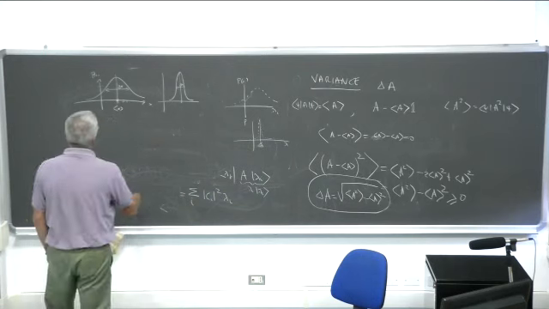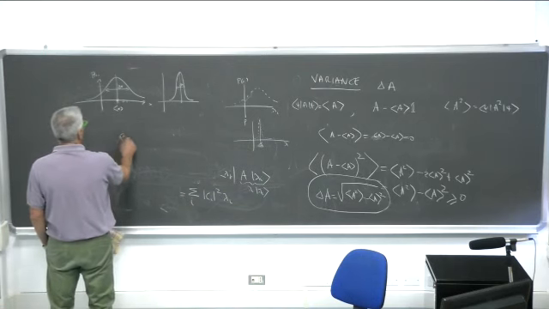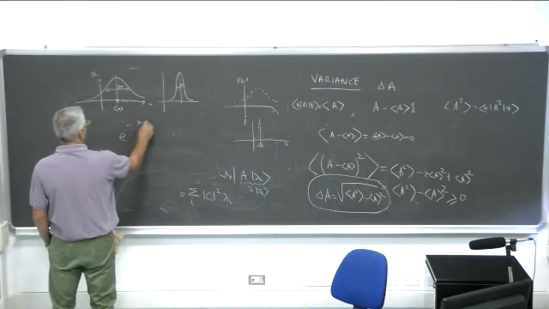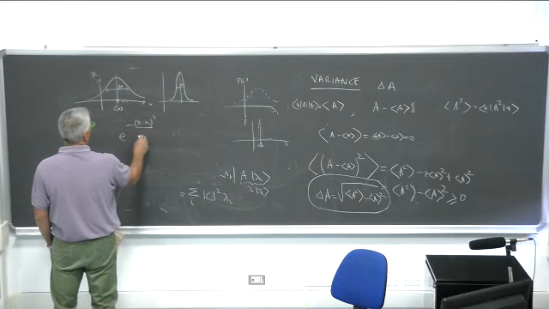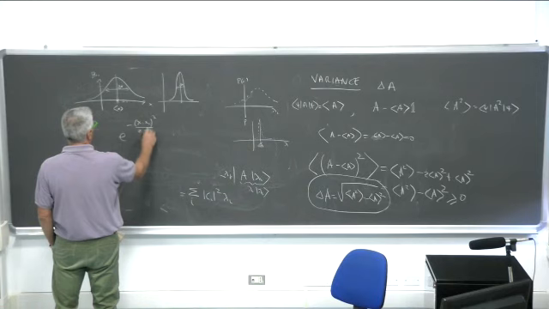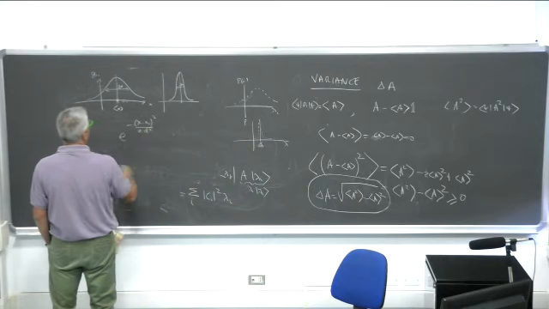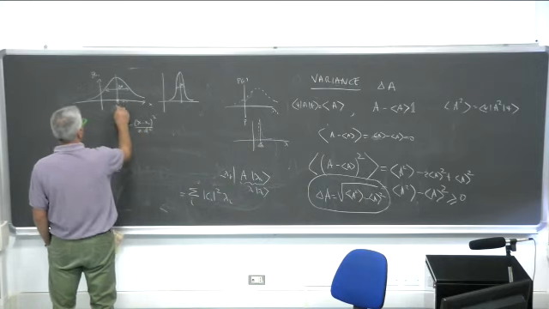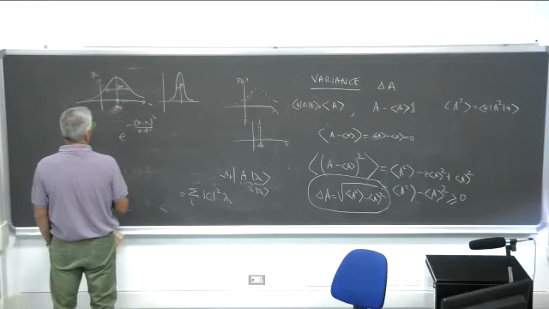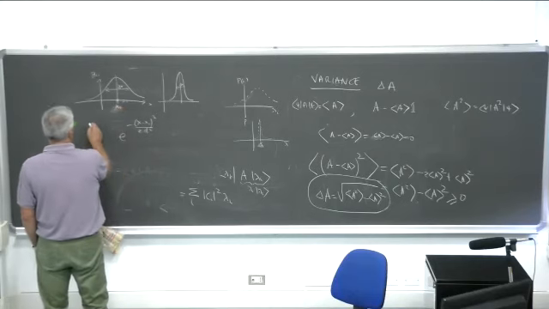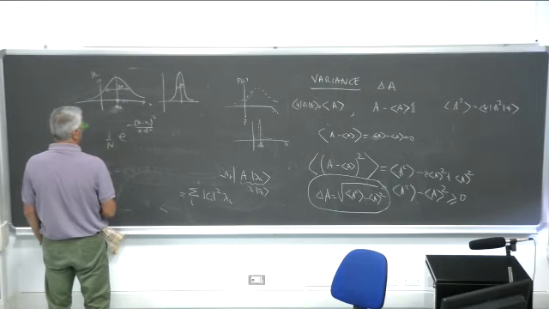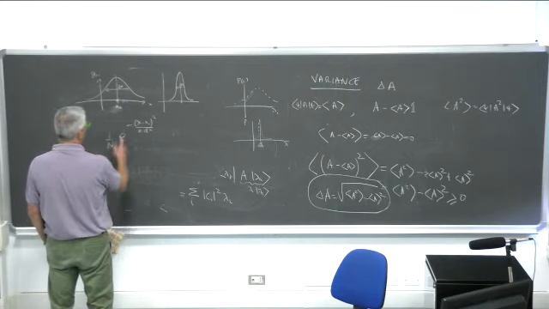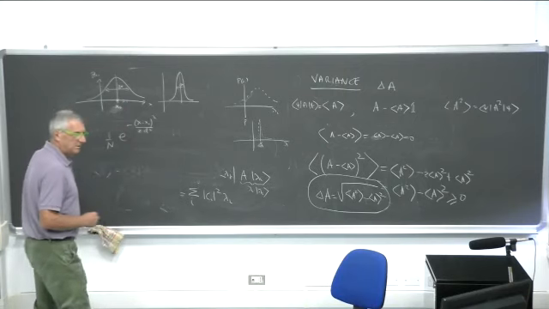If you have a Gaussian distribution, think of this e to the minus x minus x naught squared over 2b squared or something like that. This is x naught. And then 1 over n, such that the integral of this thing must be 1.